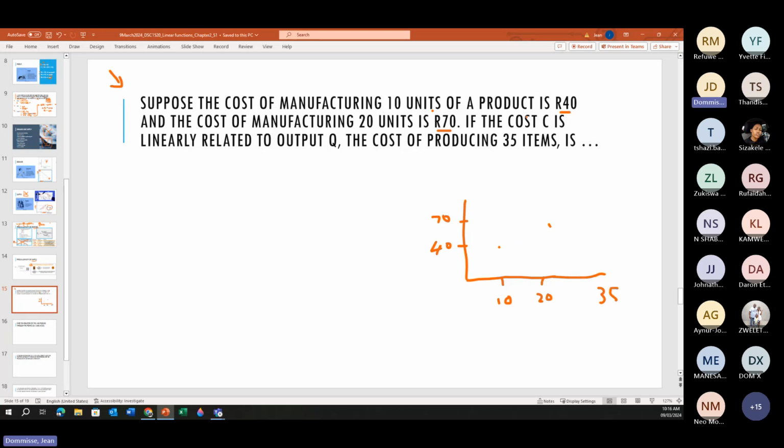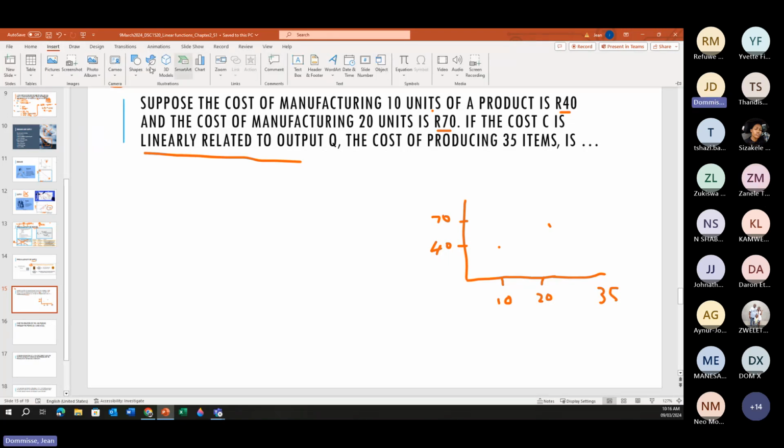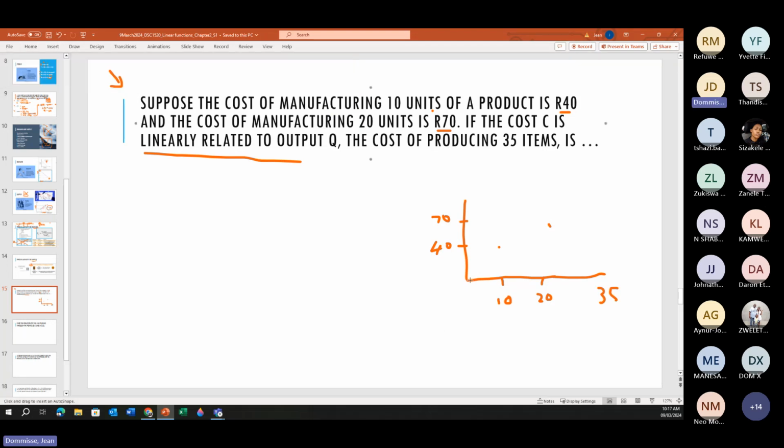Okay, so then they tell us manufacturing is linearly related, so we know that is a straight line. So I have now learned I can't draw a straight line at all. So let me use this function. Those two will be a straight line.